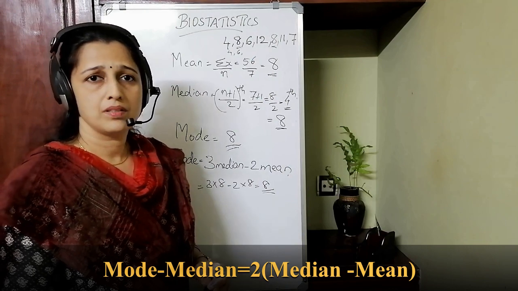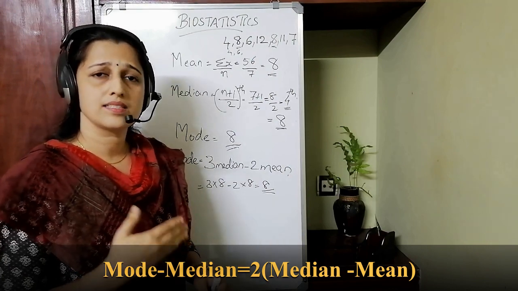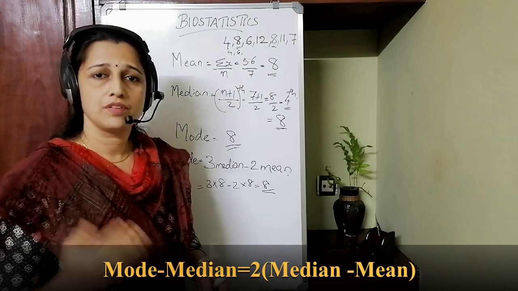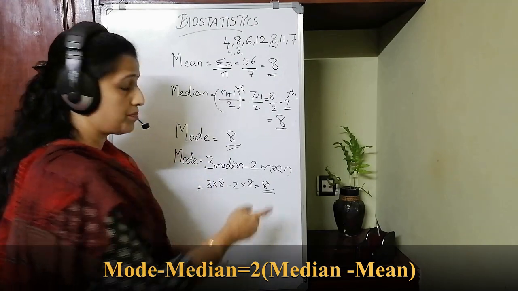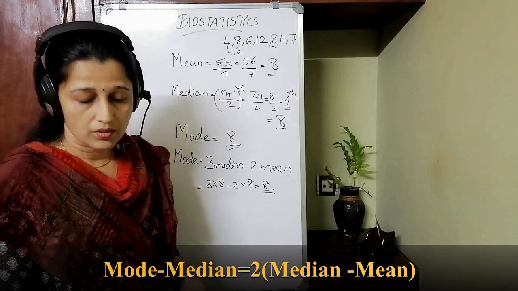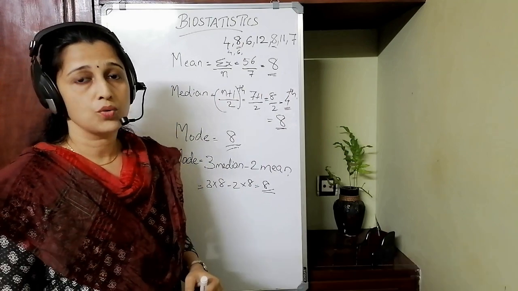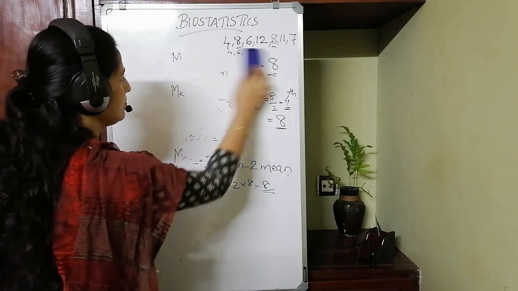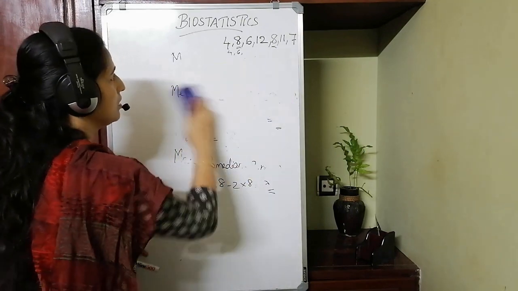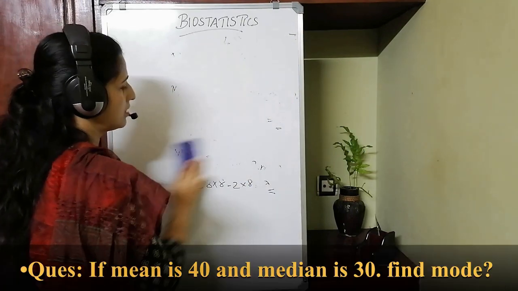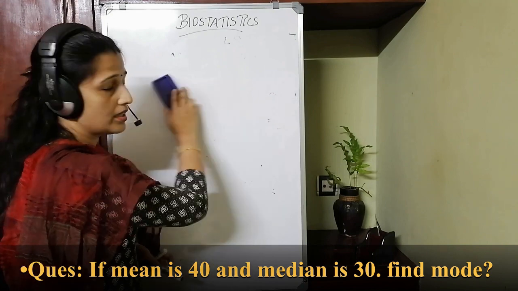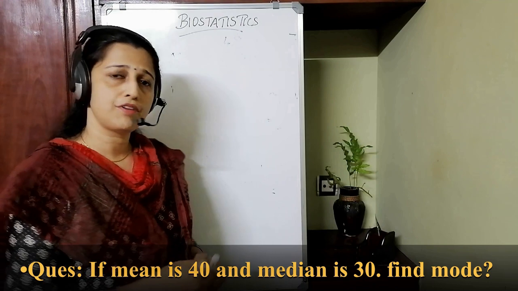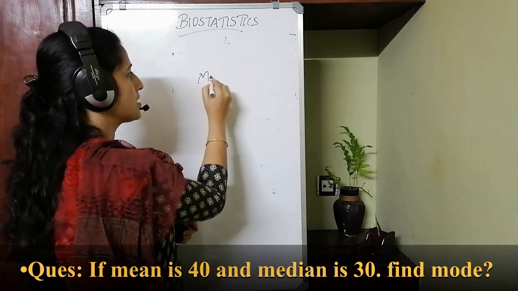Now, this will not happen always, and symmetrical distribution occurs only rarely. In the case of large data sets, we apply the equation mode is equal to 3 median minus 2 mean. For example, if in a question mean and median are given, you can find mode by using this equation.